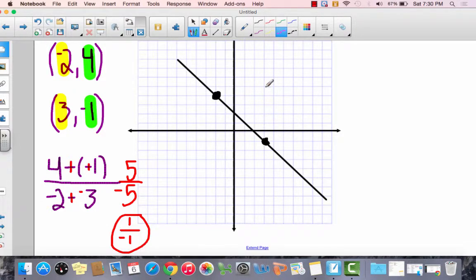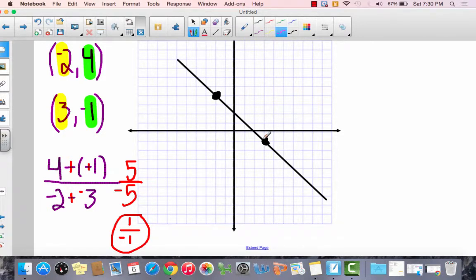Another way I could check my work is to take the slope and see if it actually works with the line. So this is telling me that the rise, or the movement on the y-axis, is a 1, and the run, or the movement on the x-axis, is a -1.